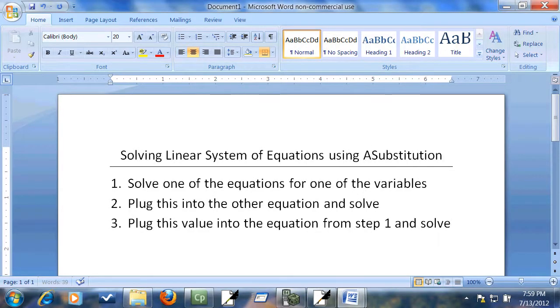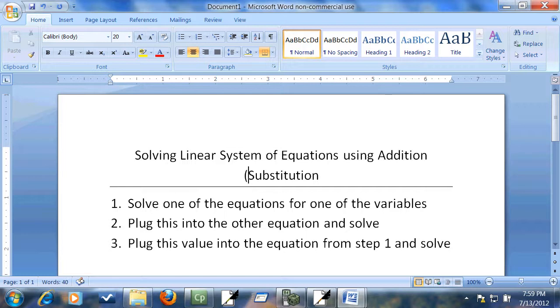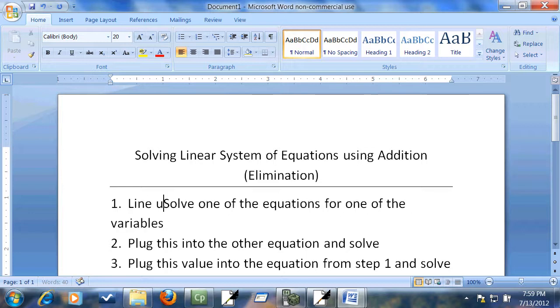Using addition, some books call this the elimination method. Okay, so step 1, line up the like terms.